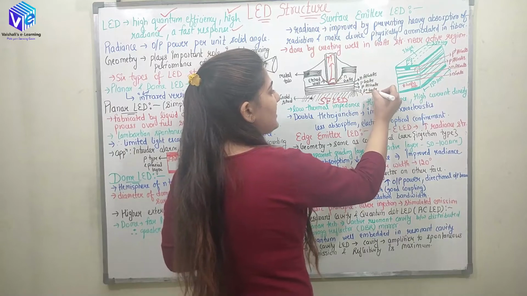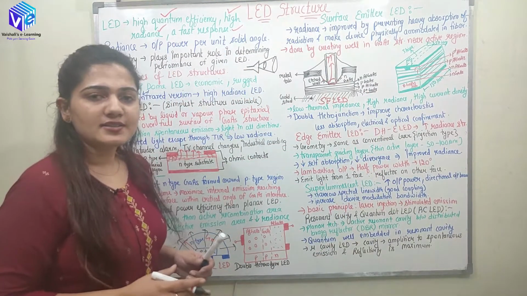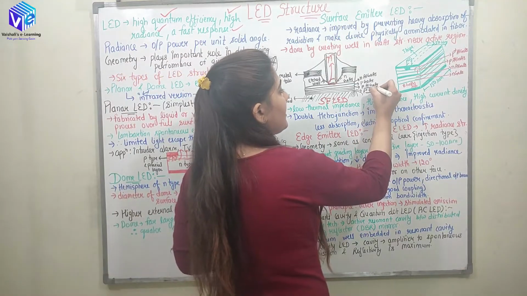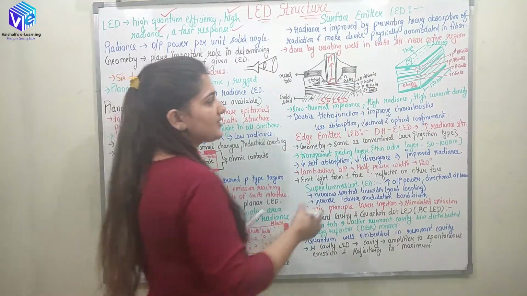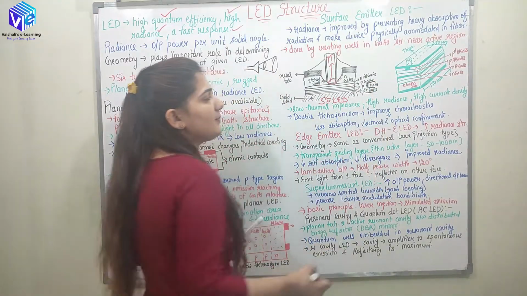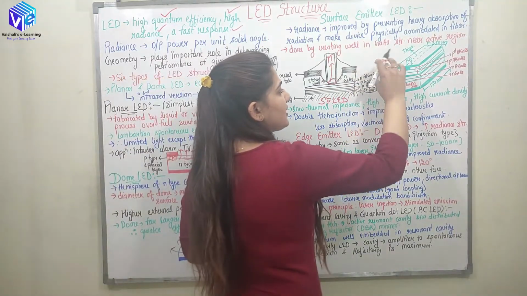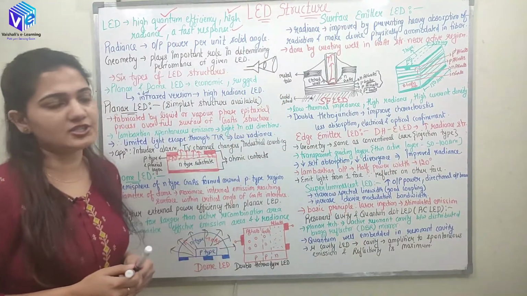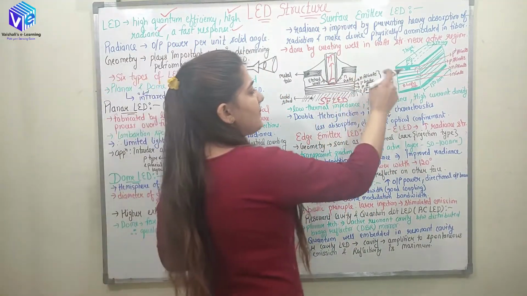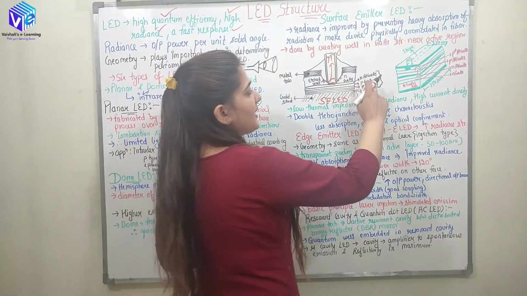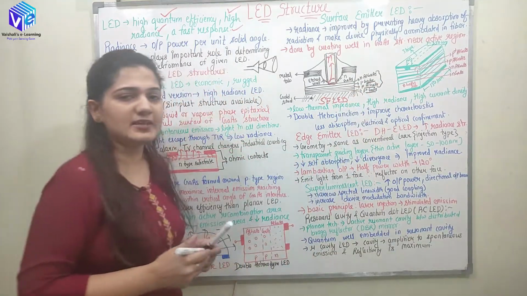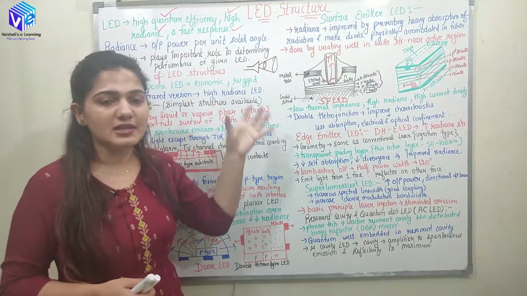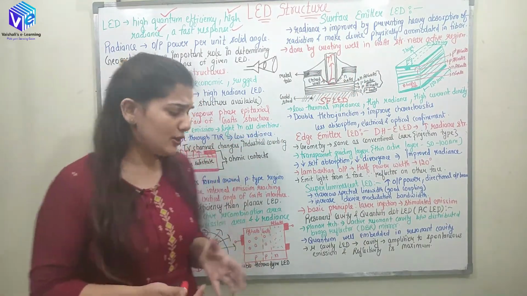So we have P plus gallium arsenide. This is the triple heterojunction structure. So P plus gallium arsenide, P-type aluminium gallium arsenide, then P-type gallium arsenide. If I see this structure, this is the double heterojunction structure, right? So N-type aluminium gallium arsenide, P-type gallium arsenide, P-type aluminium gallium arsenide. This structure is going to increase the recombination rate.